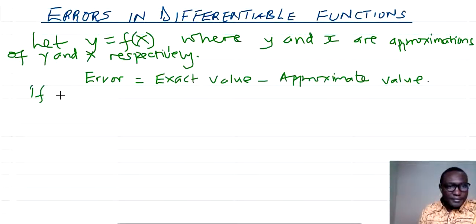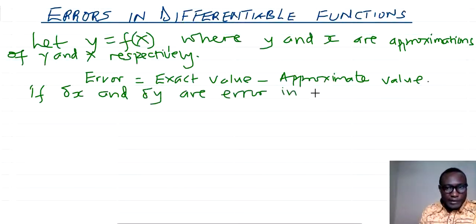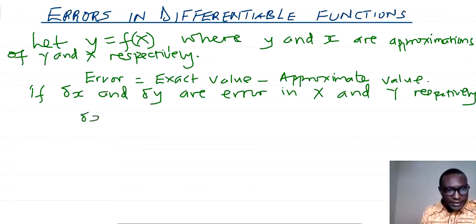So if delta x and delta y are errors in capital X and capital Y respectively, then we shall have delta x being equal to capital X, which is our exact value, minus the approximate value, which is smaller x.